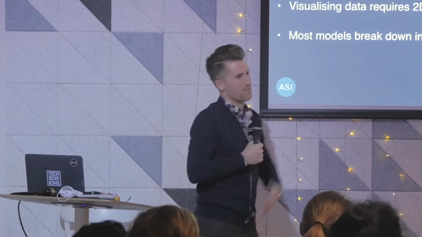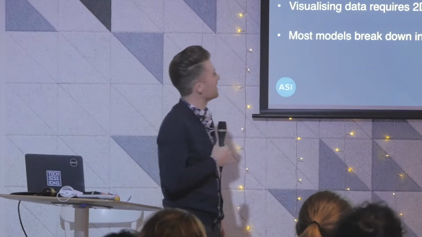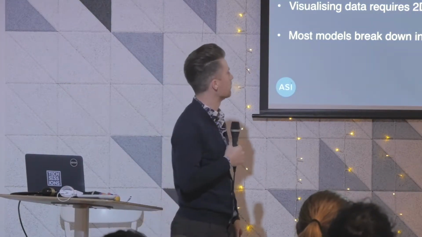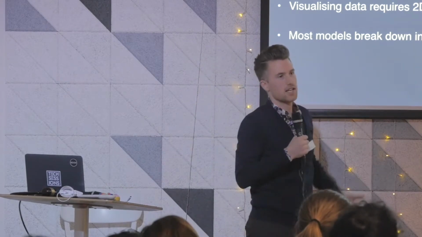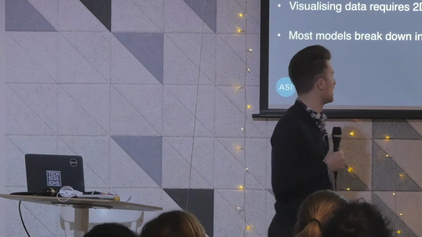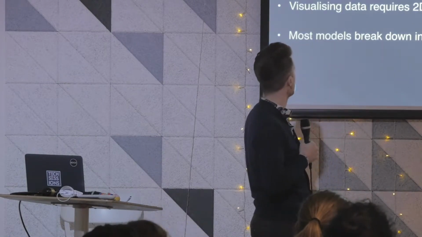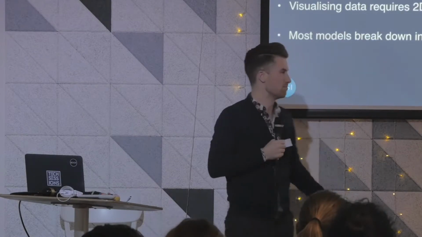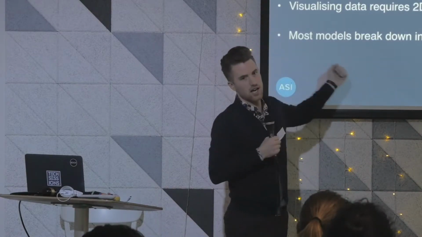A lot of those features are correlated. You just can't choose the features you want to use yourself. And if you want to visualize anything, it's hard to visualize data in a million dimensions. But I think most importantly, most models just break down in high dimensions.